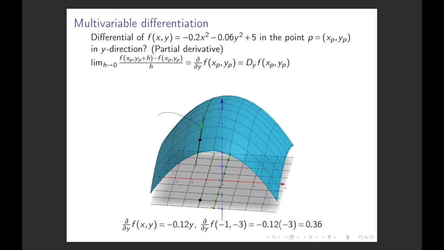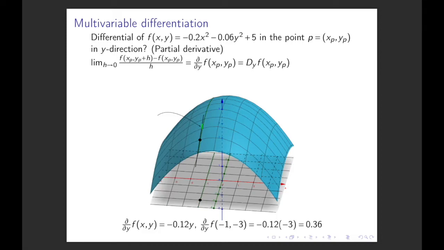In y direction, this is exactly the same. The partial derivative in any point of our function is obtained by keeping the x value fixed. That is, the partial derivative in our example is del f by del y equals minus 2 times 0.06 y, and that is minus 0.12 y. Again, if the function was different, there might be an x still in there.